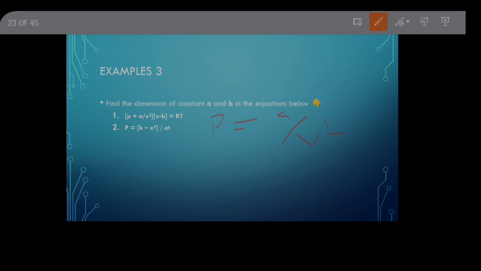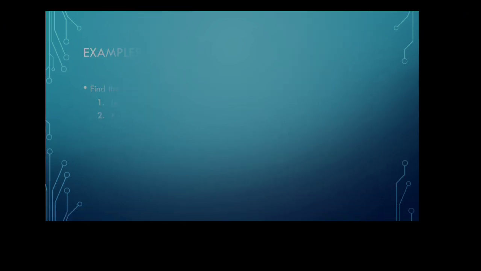Therefore, our a equals to p v squared. Since p is pressure and v is volume, let's see what we can do with that. p is pressure, that is force over area.